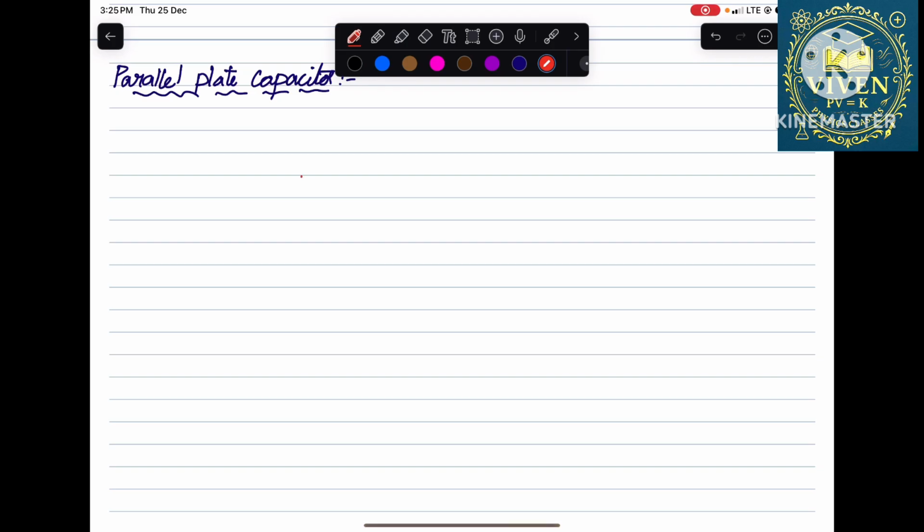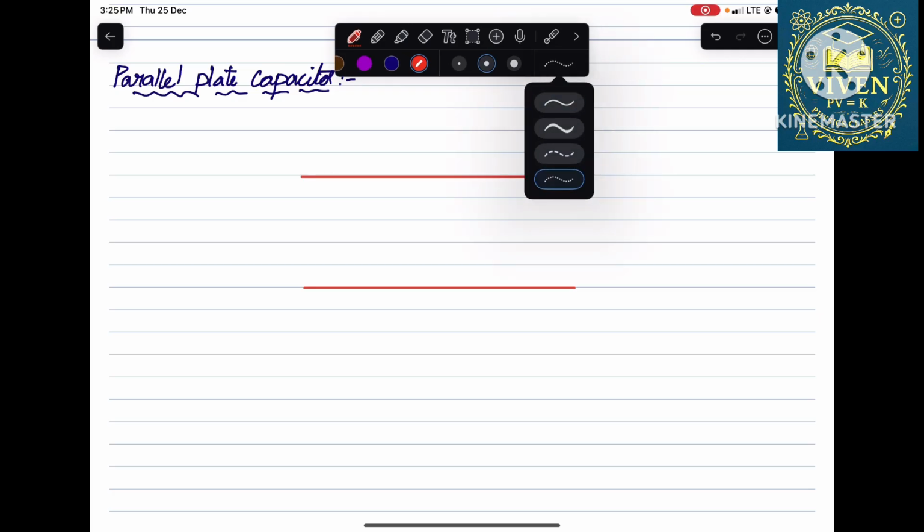Just imagine, this is one parallel plate, and this is another parallel plate. Plate in the sense it's a two-dimensional asset, right? So let me show that two-dimensional thing also to you. See here, imagine it is present behind in this way.